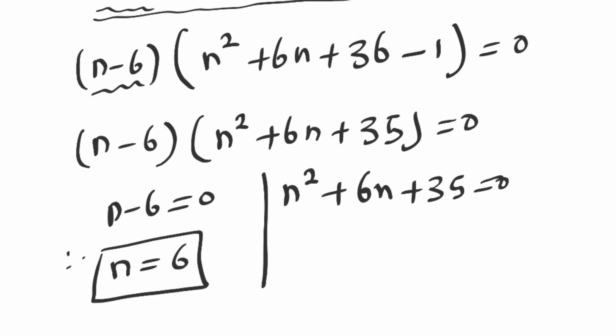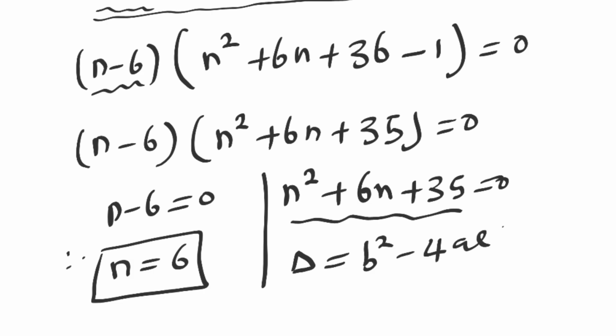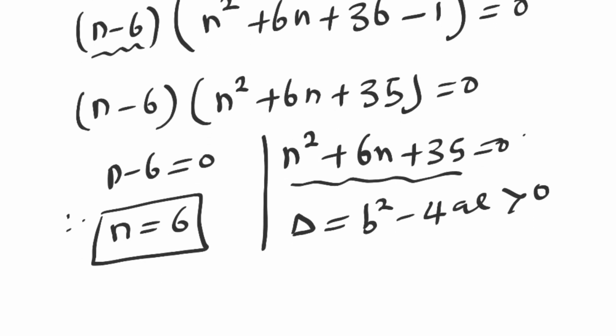For this to be real, the discriminant, which is equal to b square minus 4ac, must be greater than 0. From this equation, a is equal to 1, b is equal to 6, and c is equal to 35.